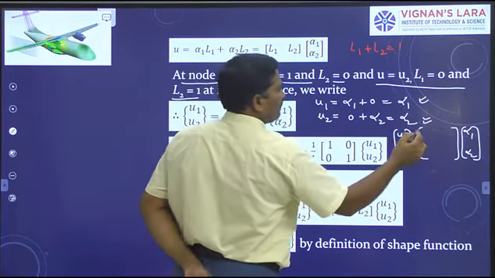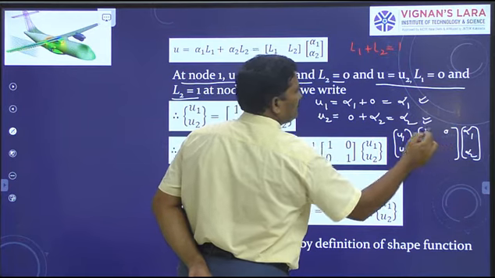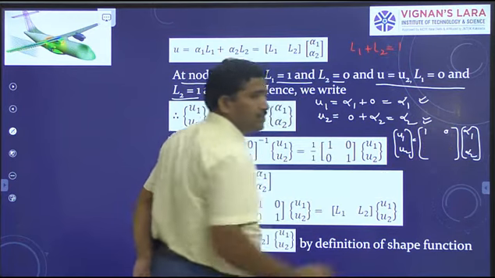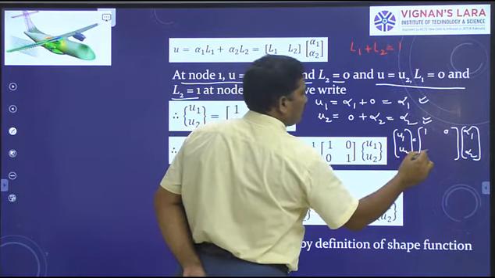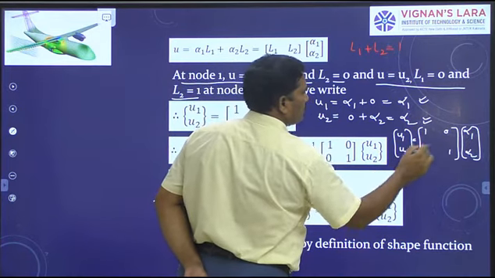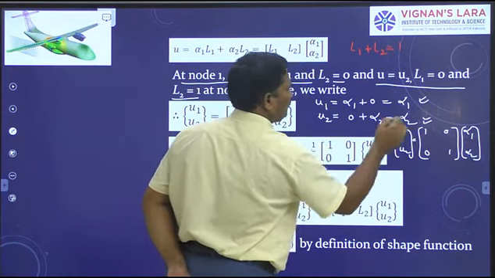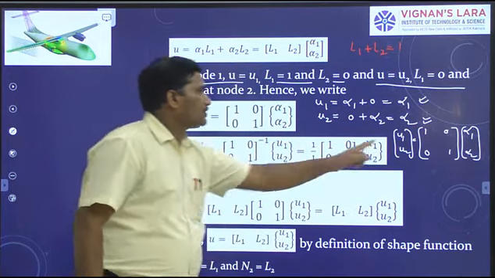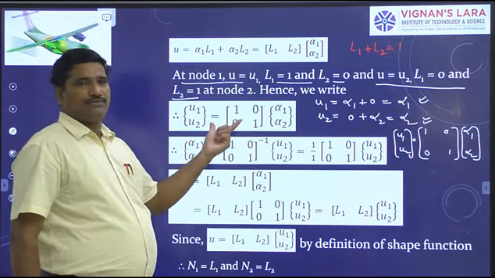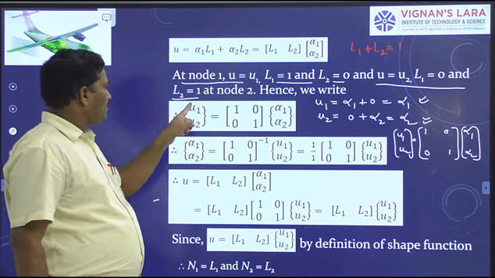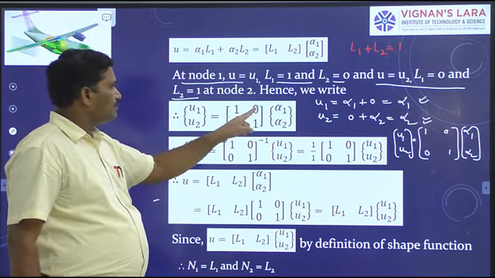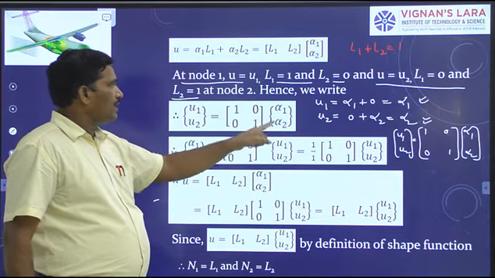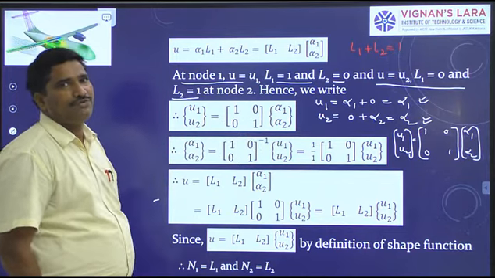U1 equals alpha 1, therefore 1 we put here, 0 here: 1 into alpha 1 plus 0 into alpha 2. Next, U2 equals alpha 2, therefore we put 0 here, and 1: 0 into alpha 1 plus 1 into alpha 2. This is how I have written here. A column matrix having the elements U1 and U2 equals a 2 by 2 matrix having the elements 1, 0, 0, 1 into a column matrix having the elements alpha 1 and alpha 2.